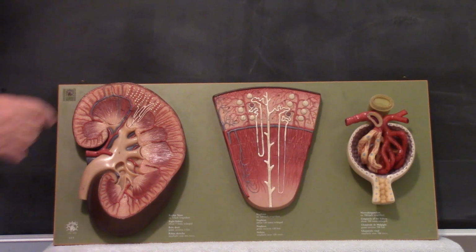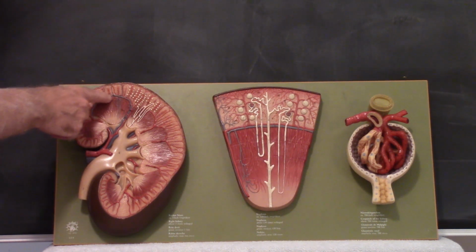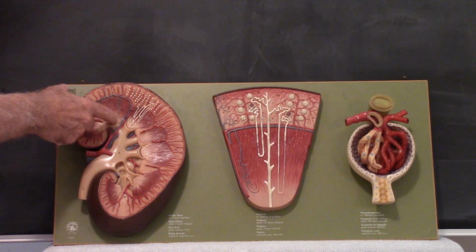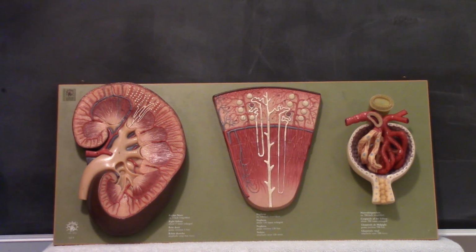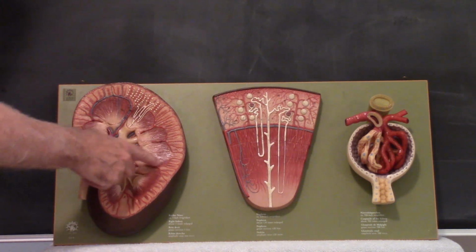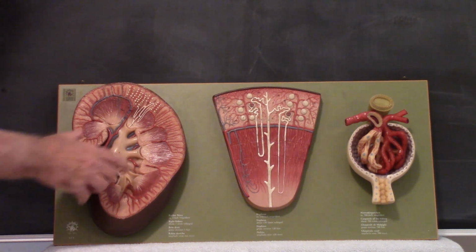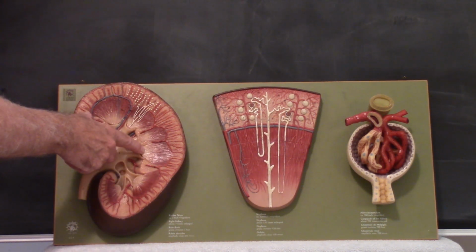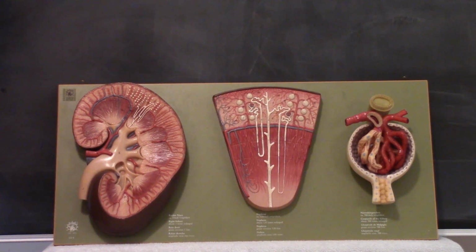Each of the renal pyramids has a base along here that's at the border between the medulla and the cortex, and then this lighter colored area would be the apex of a renal pyramid, which is known as the papilla, or the renal papilla. So here's another triangular shaped renal pyramid, the base, and this would be a renal papilla.